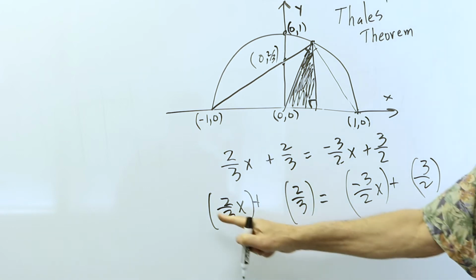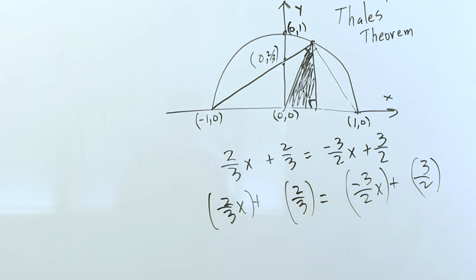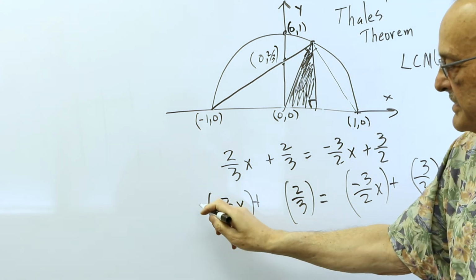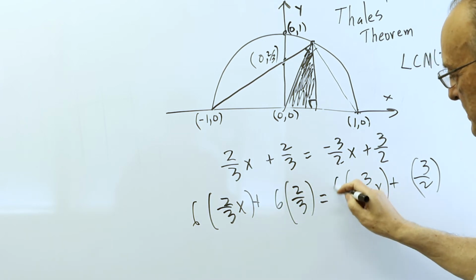So now I want to times by the same number in front of each parenthesis, and I want the least common multiple of the denominators. So the LCM of 2 and 3 is equal to 6. So I want it times by 6, 6, 6, and 6.